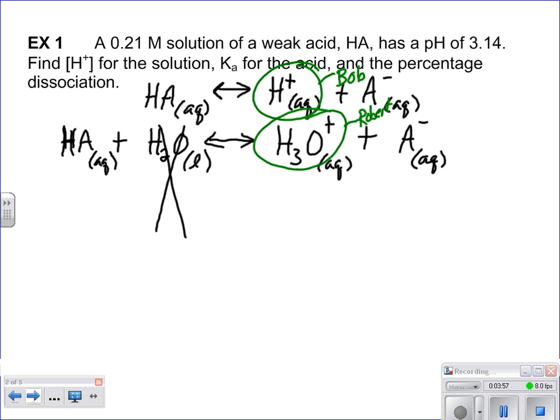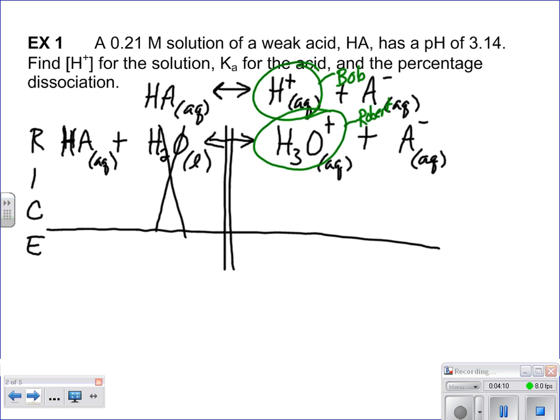So now we can go ahead and set up this RICE table. Let's go ahead and label this. This is our reaction, initial concentration, change in concentration, equilibrium concentration. So we are told that we start off with a 0.21 molar solution of HA, and we're also told that there's a pH of 3.14.